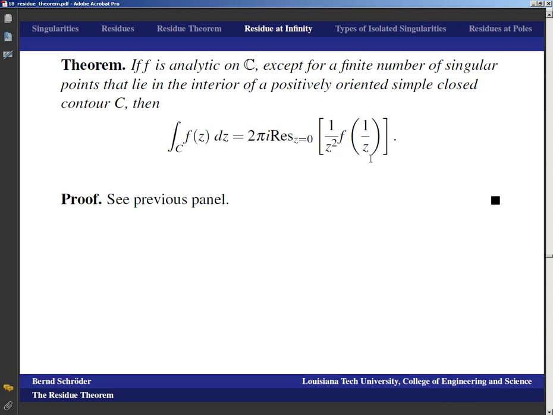The advantage of this theorem is that we only have to compute one residue, namely the residue at 0 of this strange function, which we then also define to be the residue at infinity of the original function with some negative signs thrown in. And I guess we'd have to be really careful. This contour could dip inside the circle that contains the singularities, but that's not a problem because we would just do another one of those arguments that shows that if we have any two contours between which there are no singularities, then the integrals are the same.